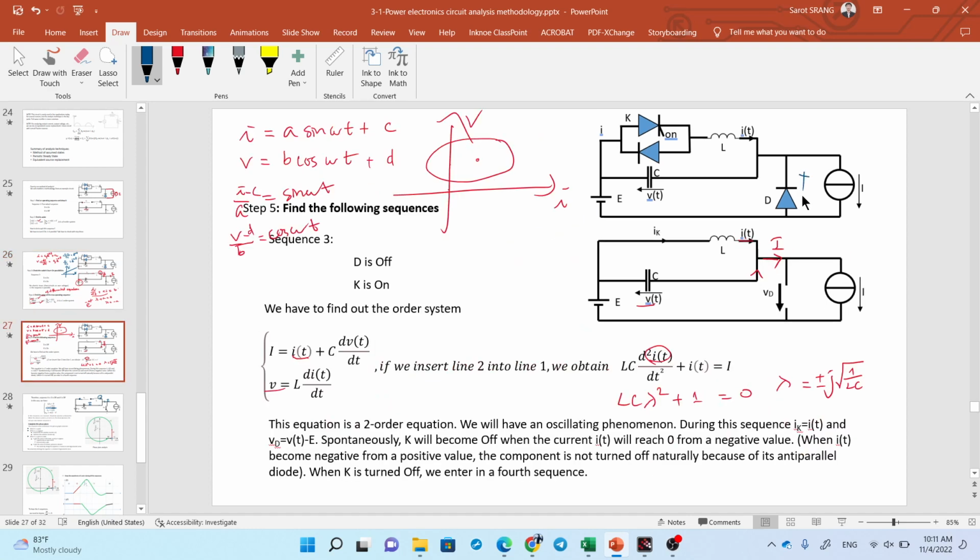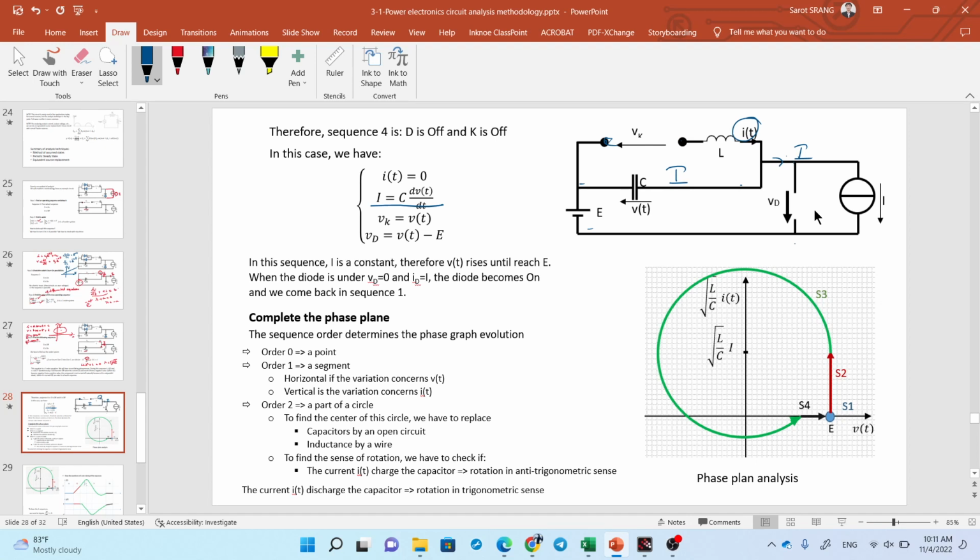Okay, if you use plus here and minus here, if VD is positive, it's true, right? Because current cannot go this way. And okay, VD equal to V minus E.